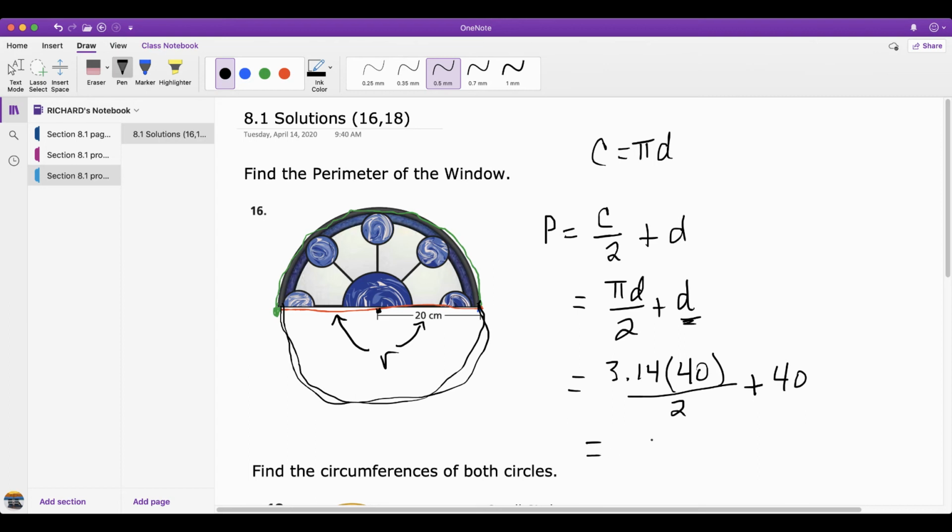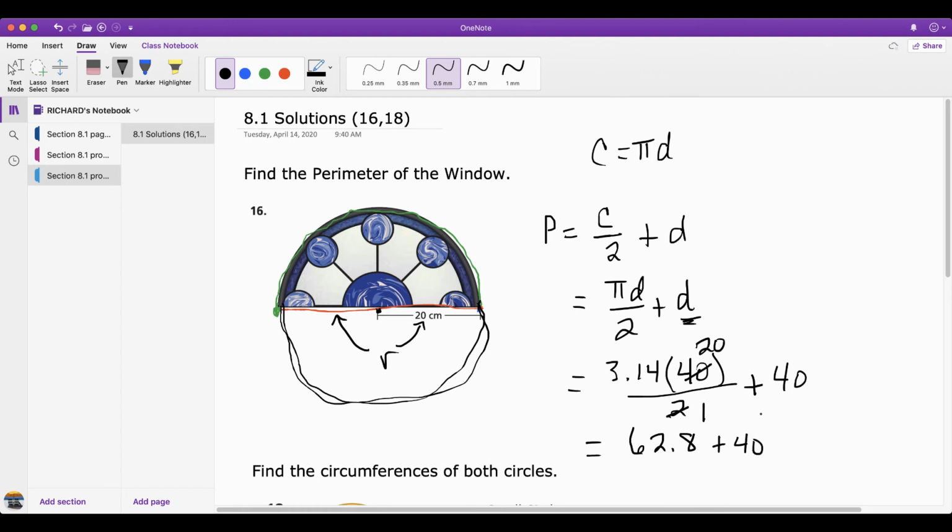All right, so can I cancel here? Yes, 2 goes into 40, 20 times, so 3.14 times 20 is 62.8 plus 40.